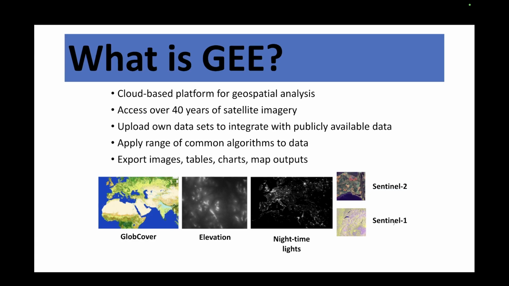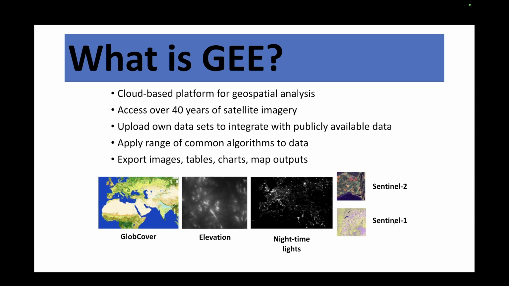So this is the overall view of Google Earth Engine. It's a totally cloud-based platform, and everything is controlled from the cloud. Every cloud-based platform has its own server, and everything is controlled from this server. We don't need to download any data. We can easily access all the free satellite data in the Google Earth Engine data catalog, but we can also upload our own datasets, such as high resolution imagery.